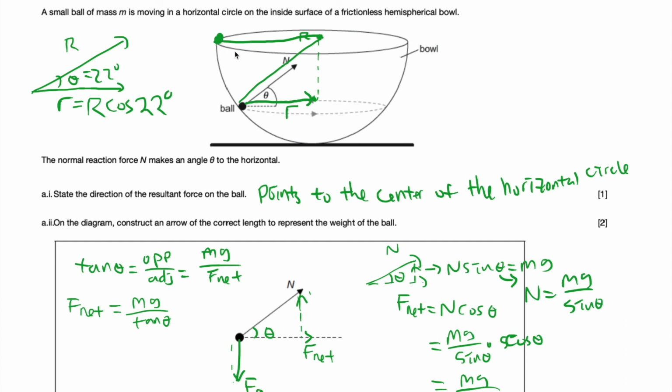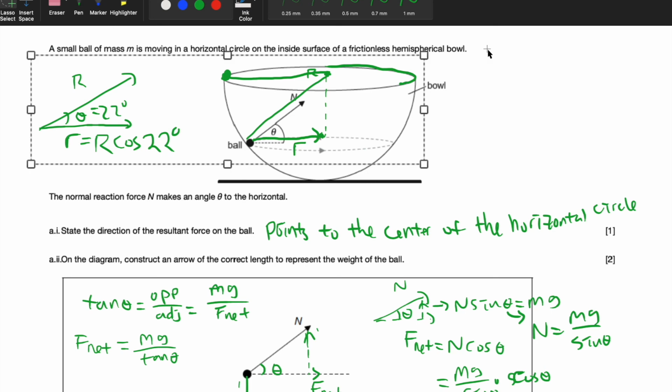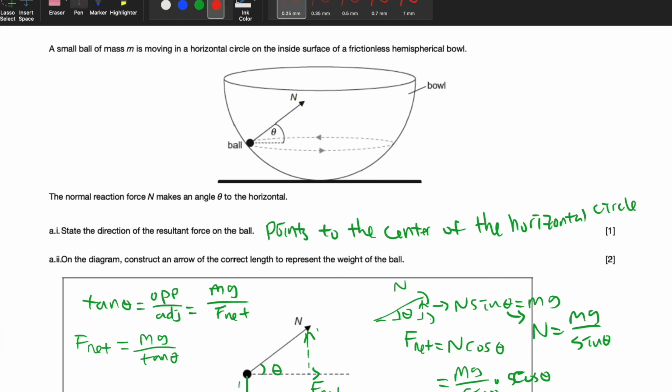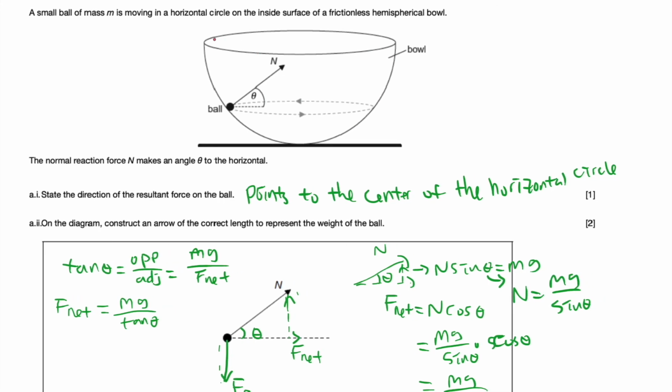But what happens if the ball is moving on this circle here? So let me erase everything here. If it's moving on this circle here, the direction of the normal force will be pointing in this direction. So here is going to be N. And then we have gravity. So no force will balance out gravity. So this is not possible.